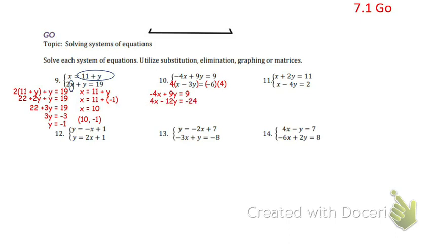And on the right side, -6 times 4 is -24. Now I can eliminate. If I add these together, the x's cancel, and 9y minus 12y is -3y. The 9 minus the 24 is -15, and now it's a much easier equation to solve. Just divide both sides by -3, and we get y equals 5.